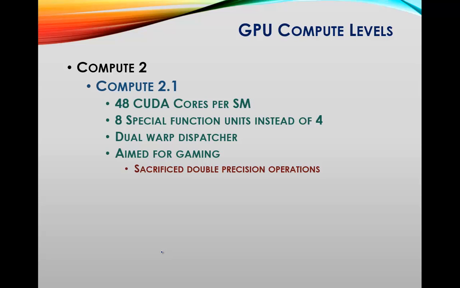So applications that have universal thread level parallelism, or require memory bandwidth or floating point calculations, tend to perform better on Compute 2.0. And applications that have instruction level parallelism within a single thread and are heavily single precision integer calculation operations tend to perform better on a 2.1 architecture.